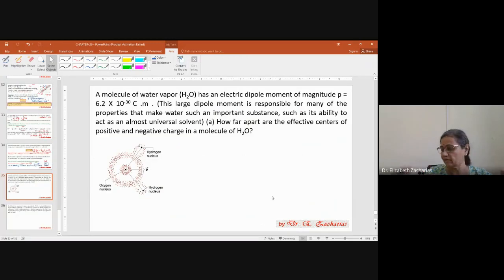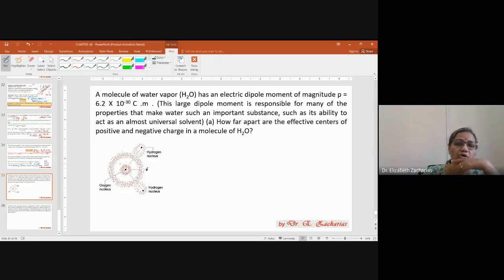Now let's quickly work out one last problem. With this, we are winding up the chapter. A molecule of water vapor has an electric dipole moment of 6.2 into 10 to the power of minus 30 coulomb meter. How far apart are the effective centers of the positive and the negative charge in a molecule of H2O?